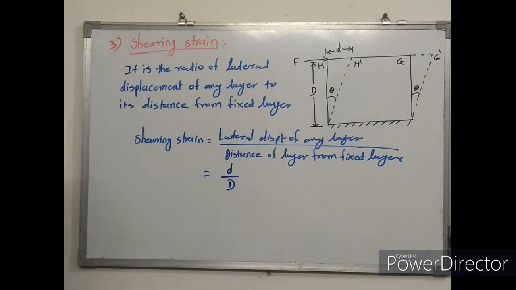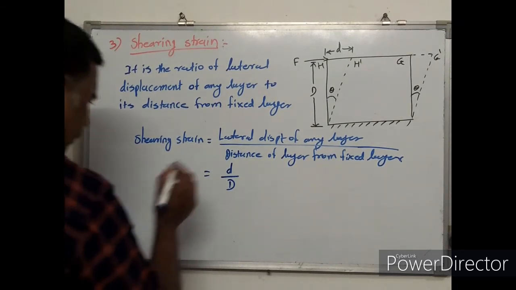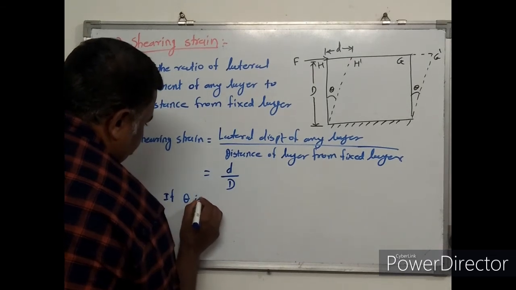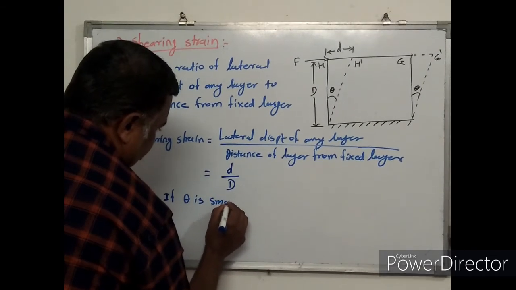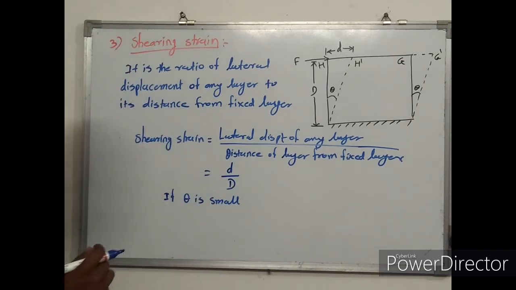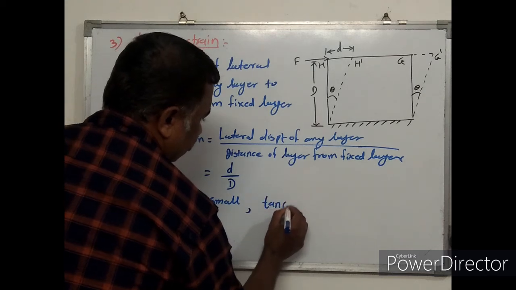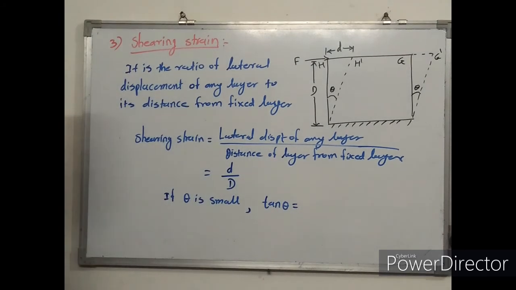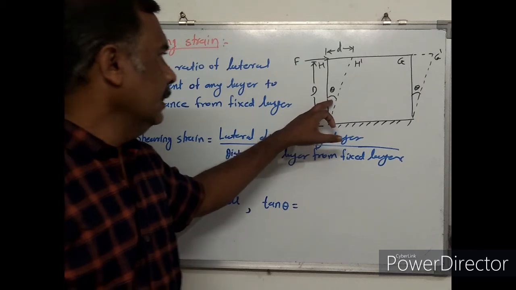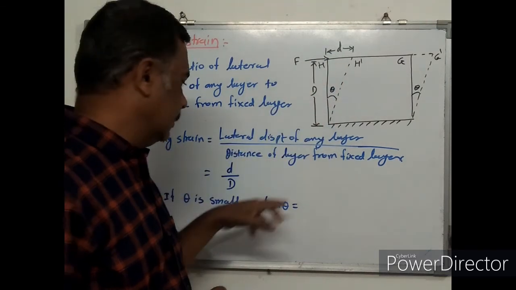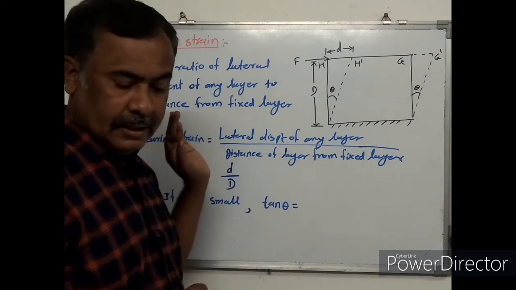D upon D. But here if theta is small, then tan of theta, इथं बघा tan of theta काय येत आहे, फ्रंट साइड डिवाइडेड बाय ऍडजस्टंट साइड, म्हणजे d अपॉन D, बरोबर.